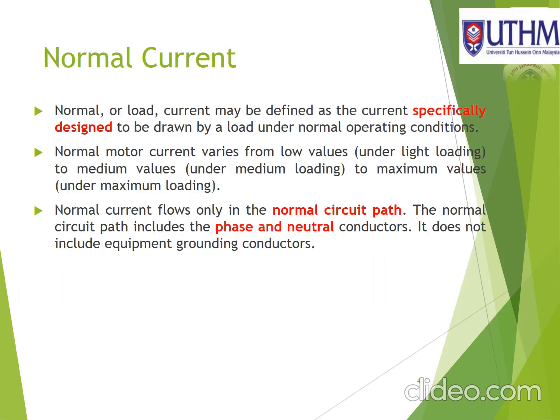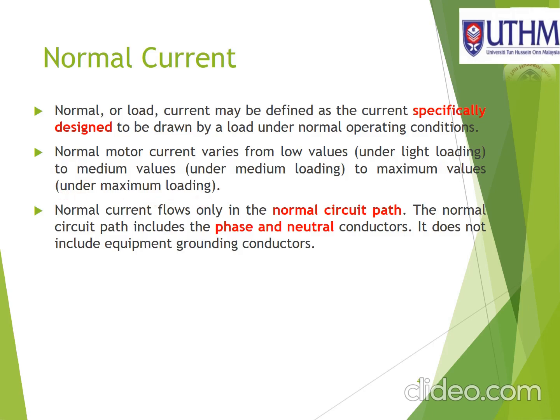First, we go to normal current. Normal or load current may be defined as the current specifically designed to be drawn by the load under normal operating condition. Normal motor current varies from low values under light loading, to medium values under medium loading, to maximum values under maximum loading.